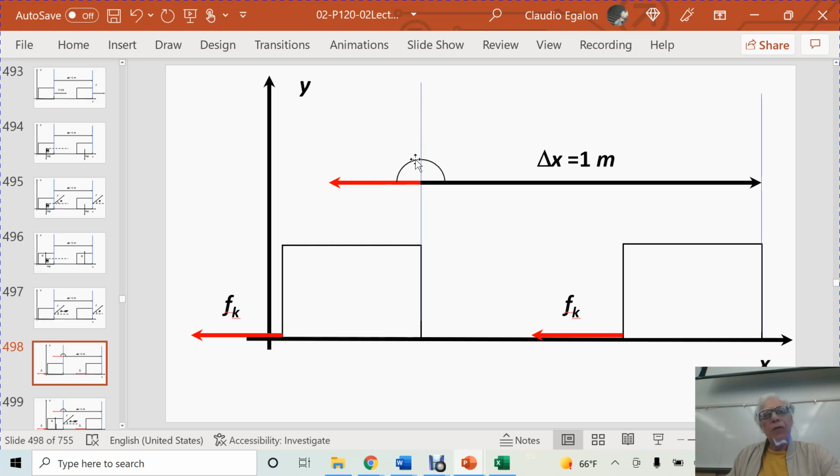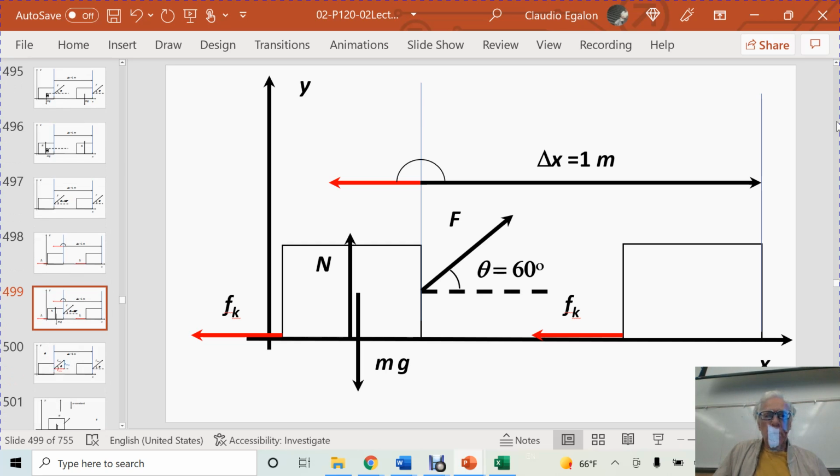The cosine of 180 is minus 1, right? So the work done by the force of friction is going to be a negative work. It's going to be the value of the force of friction times delta x times minus 1. Make sense? Any force that goes against the displacement of the object has a negative work value.